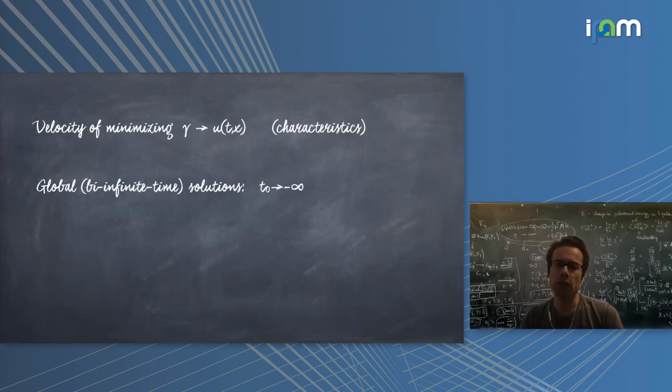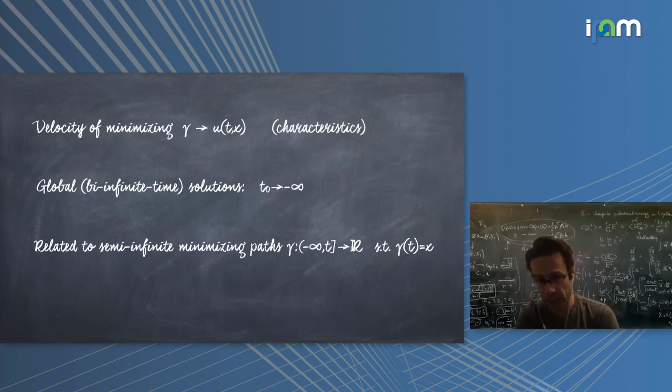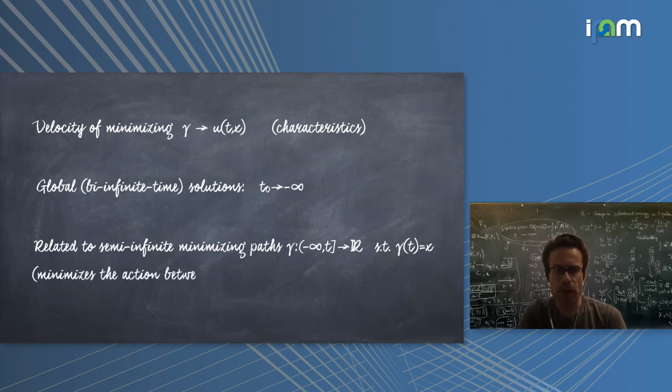You put initial conditions at time t naught, then push t naught to minus infinity and see if there's a limit. This is related to finding semi-infinite minimizing paths, which start at time minus infinity and end at a given point x at time t. By a minimizing curve, I mean that any finite piece of this curve minimizes the action functional over curves between the two endpoints.